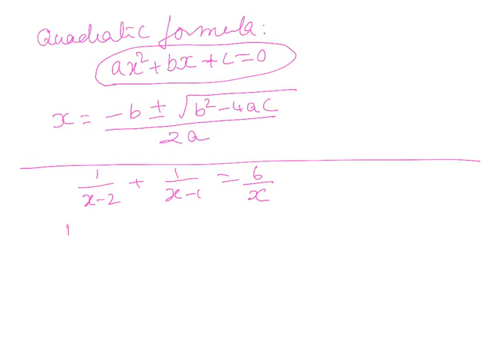We multiply every term with x minus 2, x minus 1, and there is also x here. So I multiply every term with the LCD, x times x minus 2 times x minus 1. Then we obtain an equation, simplify that, and we get a quadratic equation.